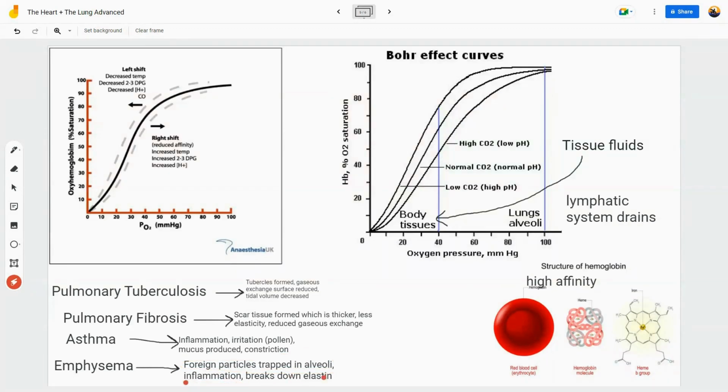The phagocytes produce an enzyme that breaks down elastin in the alveoli walls. Loss of elastin means the alveoli cannot recoil or expel air as well. It also eventually leads to the destruction of the alveolar walls, which reduces the surface area for gas exchange. Symptoms include shortness of breath, increased ventilation rate, wheezing.